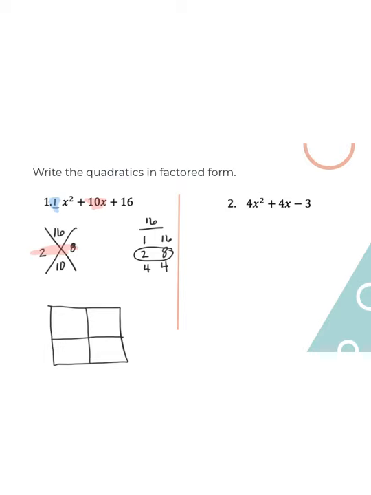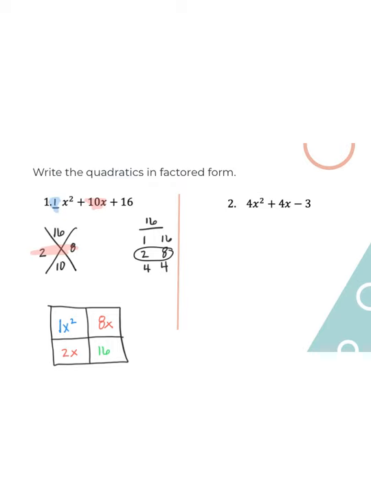So we have 1x squared. And now we're going to replace the middle two with what we have on either side. So I have a 2x and not a 10x, an 8x. And finally, I'm going to have my c value. My c value is going in the last open box, so that's a 16.